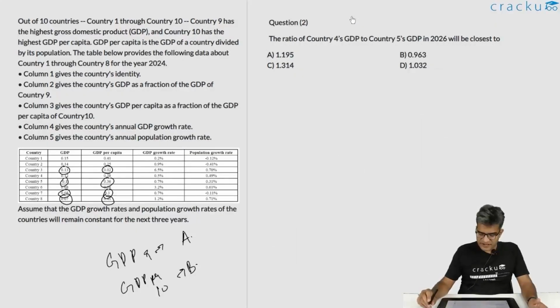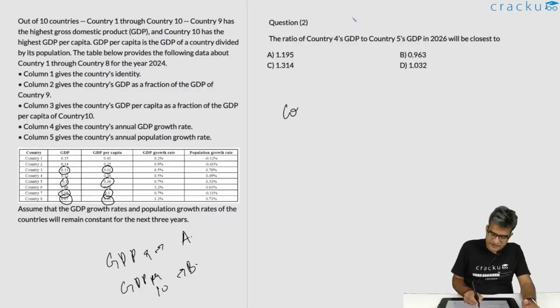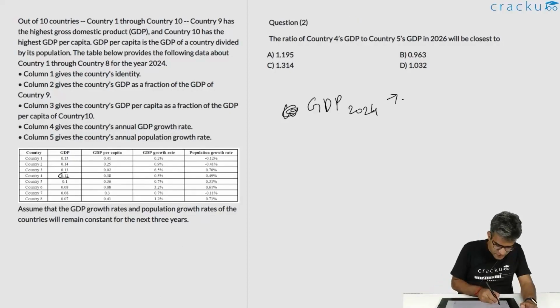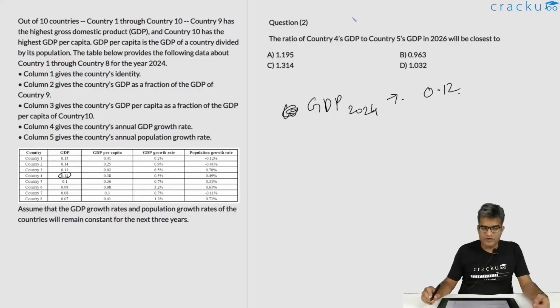The ratio of country 4's GDP to country 5's GDP in 2026 is closest to. What is country 4's GDP in 2024? That will be 0.12, times the constant, but that will get cancelled, so it won't matter.